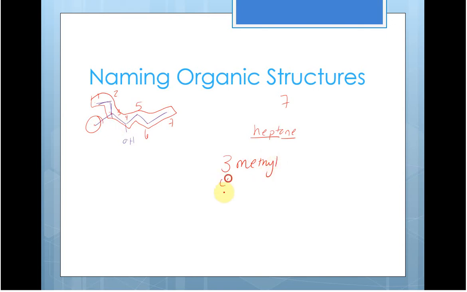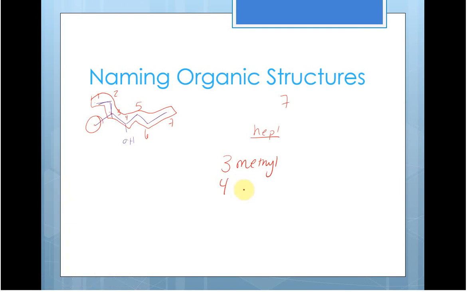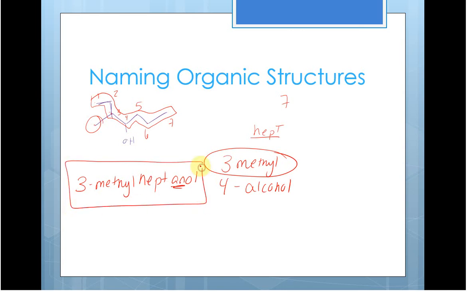And on the fourth position we have a hydroxyl, or an alcohol. So this is a 7-carbon alcohol where we're going to have this substituent at the front. So it's going to be 3-methyl hept, ane for single bonds, and alcohol goes at the back because it's a suffix. So it's 3-methyl heptanol.